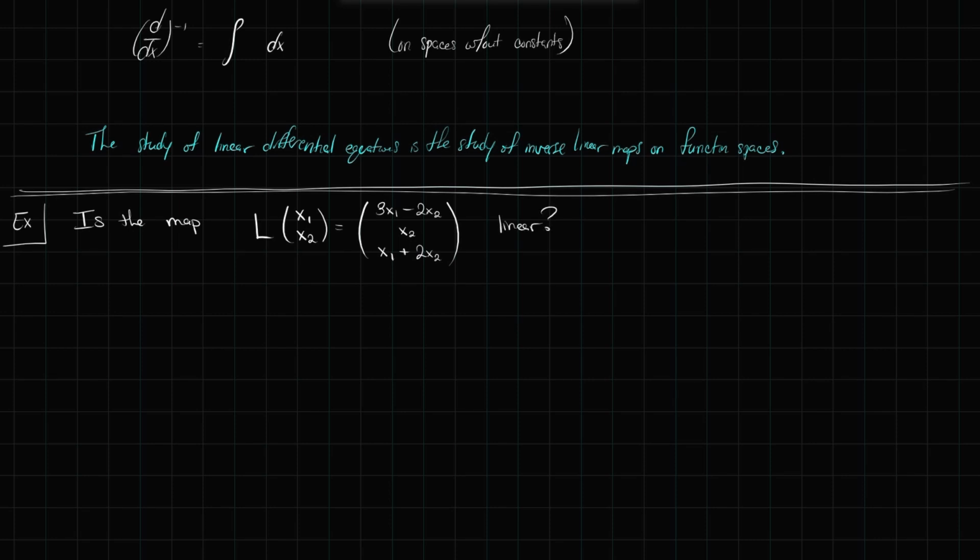And this is a nice example of a map where the domain is two-dimensional, either C2 or R2, doesn't really matter, and the codomain is C3 or R3. It's a three-dimensional codomain. So this is a nice example of a linear map where the input and the output are not the same vector space.